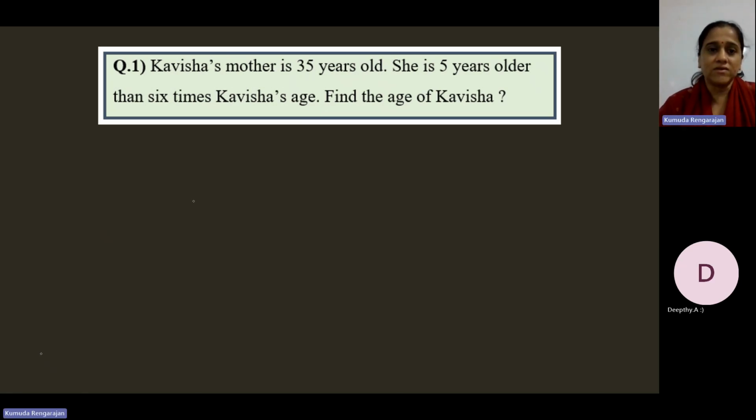Kavisha's mother's age is already given. And with this information, we can also construct an expression to represent Kavisha's mother's age. So see. Since it's 6 times, can you see 6 times Kavisha's age?